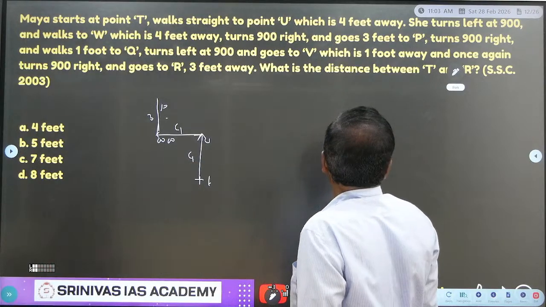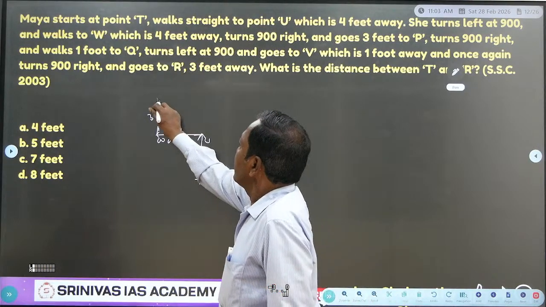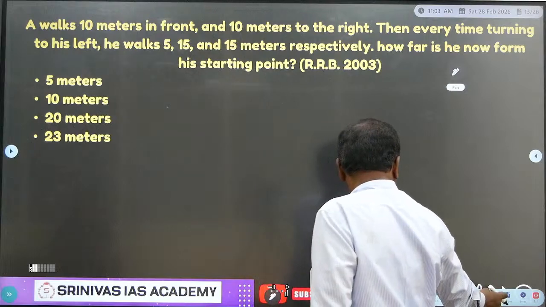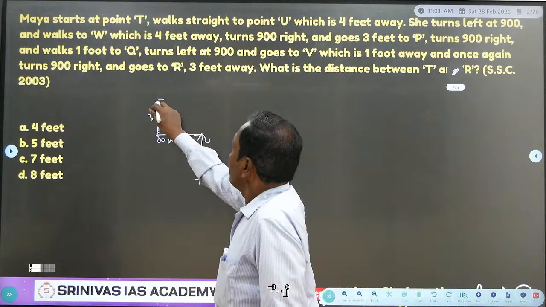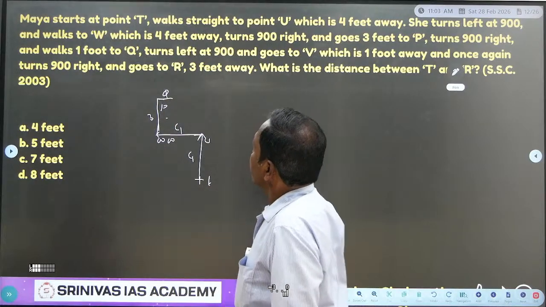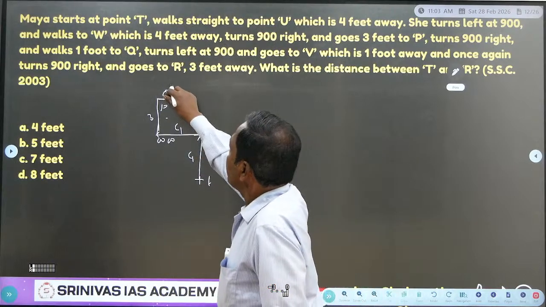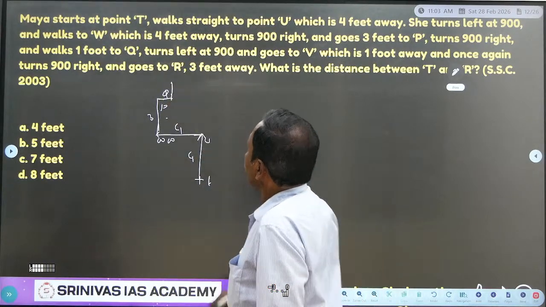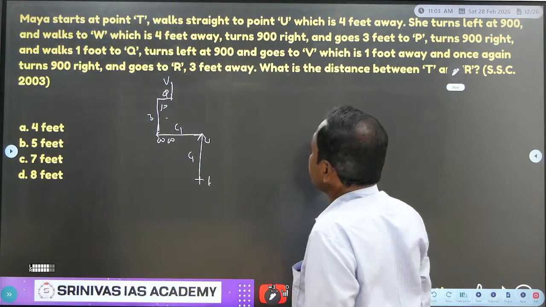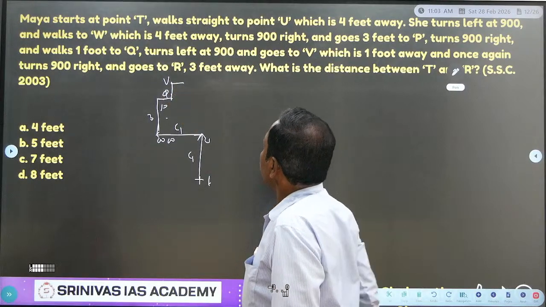Then at P she turns 90 degrees right, walks 1 foot to Q. Turns left 90 degrees and goes to V, which is 1 foot. And once again turns 90 degrees right, goes to R, which is 3 feet away.